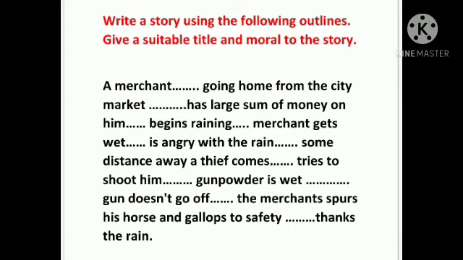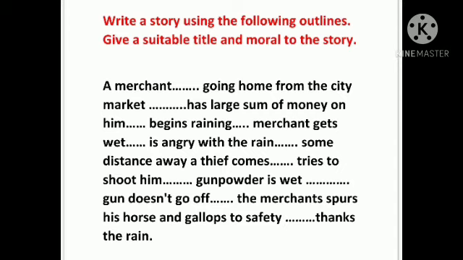Tries to shoot him. Gunpowder is wet. Gun doesn't go off. The merchant spurs his horse and gallops to safety. Thanks the rain. So, after reading this outline, we have a fair idea what this story is about. Isn't it?